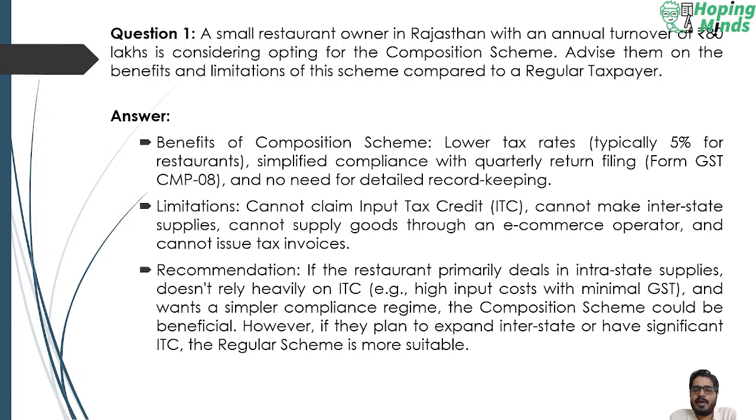However, if they plan to expand interstate or have significant ITC, the regular scheme is more suitable. So, since the turnover achieved by this restaurant is rupees 80 lakhs, it can opt for composition scheme, but other things must also be taken into consideration before applying for composition scheme.